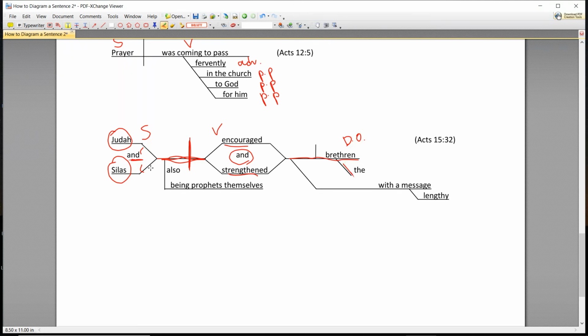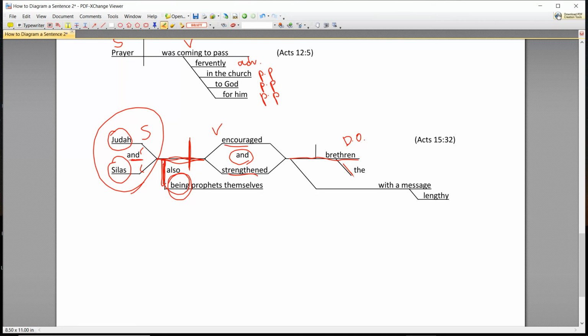And then here, Judas and Silas also being, okay, this is a participle, being prophets themselves. They are prophets themselves, right? So they are obviously modifying these subjects. So that's why we put this line on this point, not here, because they are modifying the subjects, right? So Judas, Silas are prophets themselves.